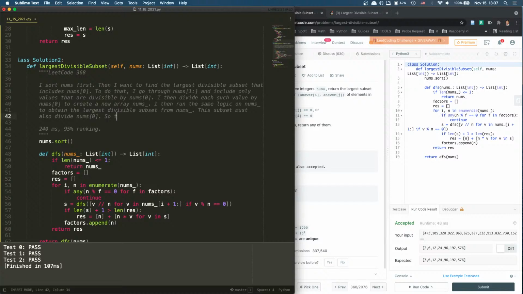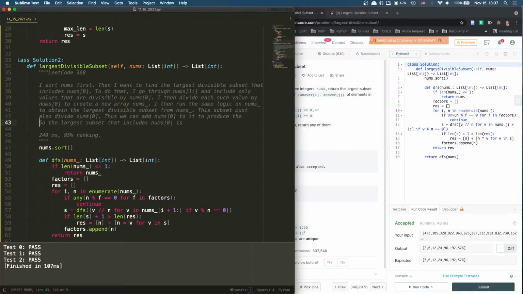So the largest subset that includes nums 0 is this subset, which must also divide nums 0. Thus, we can add nums 0 to it to produce the largest subset that includes nums 0.